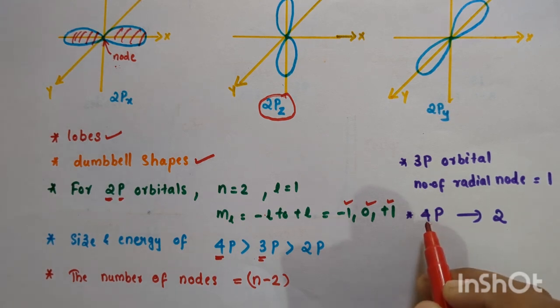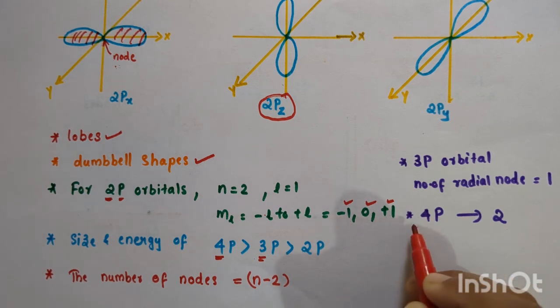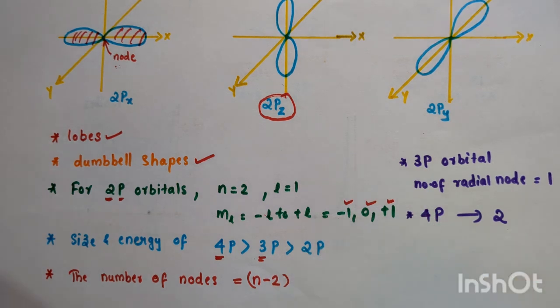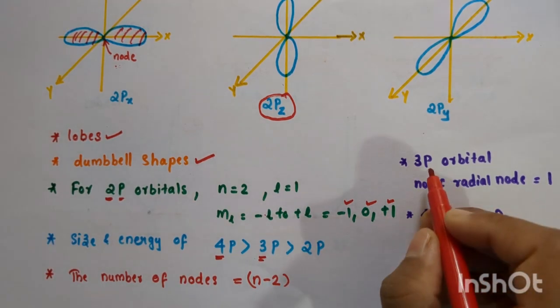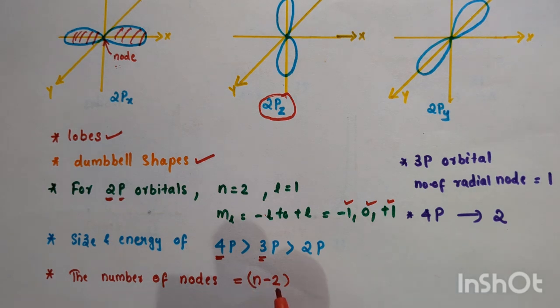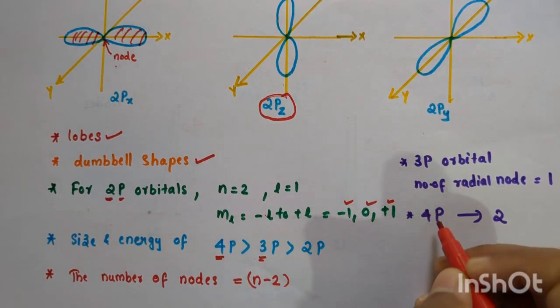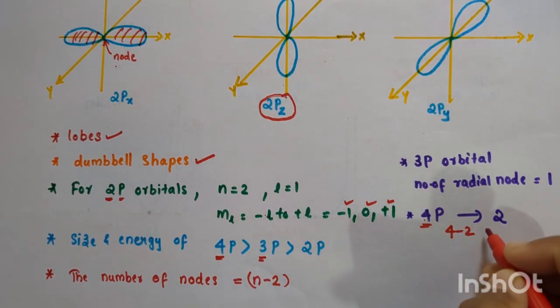There are 2 different nodes that we will be discussing in the same video itself. Radial nodes are the spherical surfaces around the nucleus where the probability of finding an electron is 0. We will discuss angular nodes as well in the same video. Angular nodes are actually the nodal planes. So this is the equation for the radial node, n minus 2.